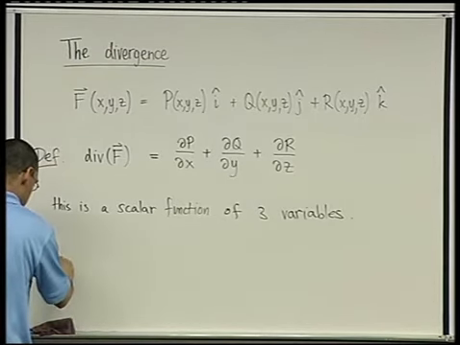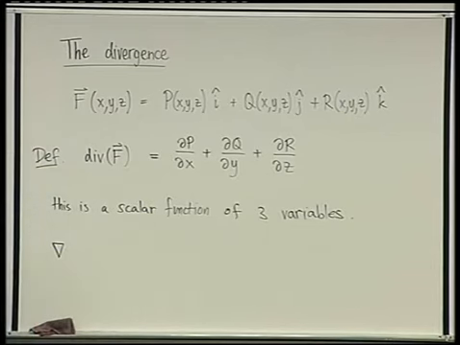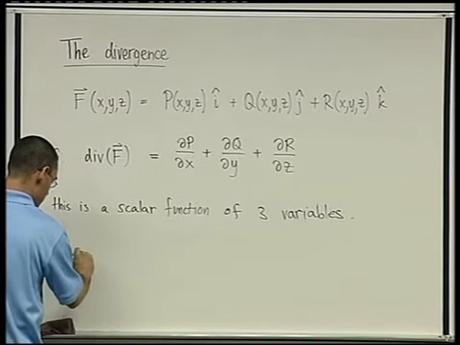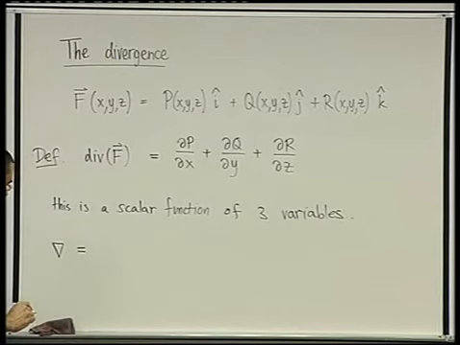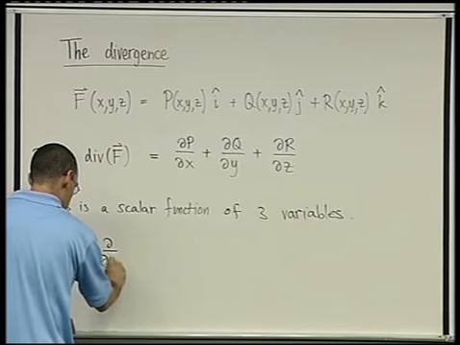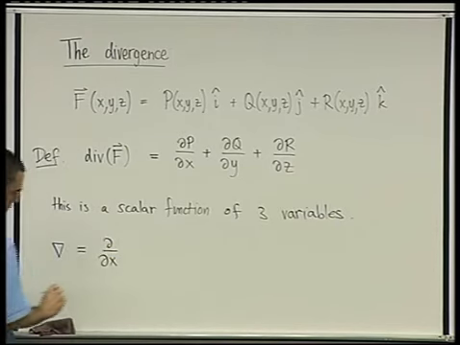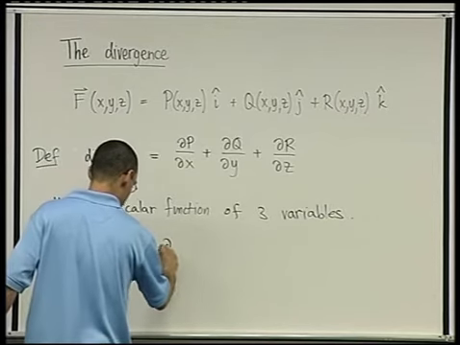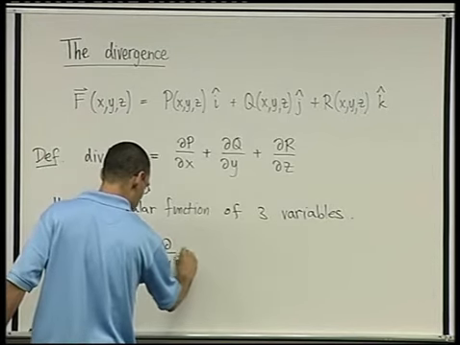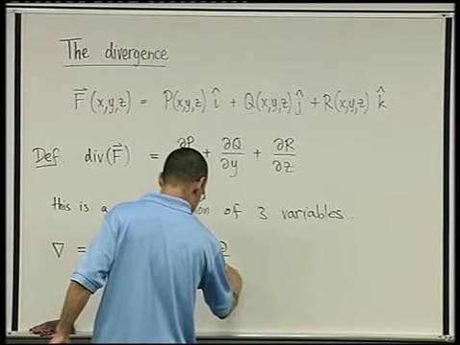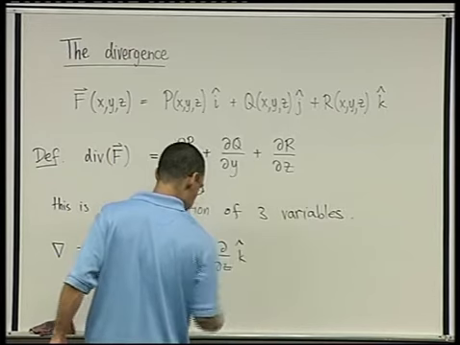This symbol, which is called nabla, what we used for the gradient, what was it? It was, in a sense, the vector whose components were the partial derivative with respect to x in the i coordinate plus the partial derivative with respect to y in the j coordinate plus the partial derivative with respect to z in the k coordinate.